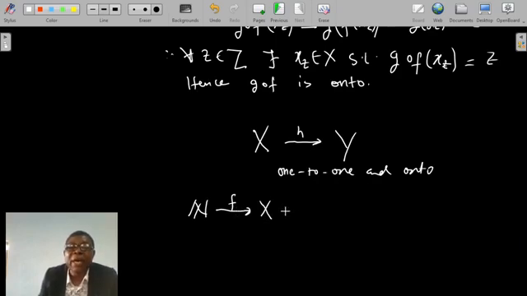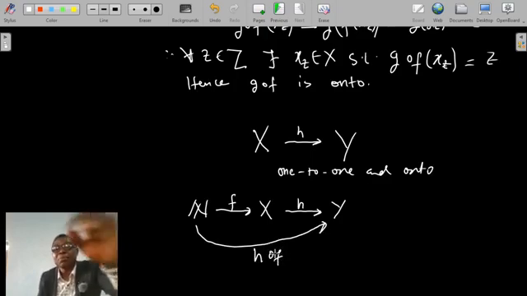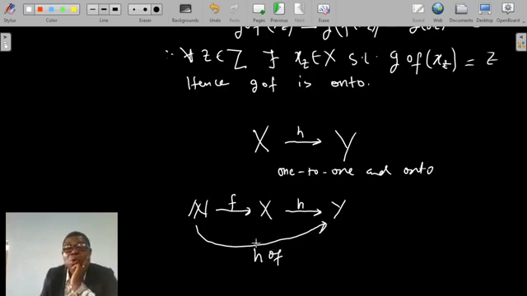And since h is a one-to-one and onto map from X to Y, then the composition of h and f, by what we've established above, will give us a one-to-one onto map from the set of natural numbers to Y. And this means that we've established a one-to-one correspondence between the set of natural numbers and Y. And hence, Y is countable.